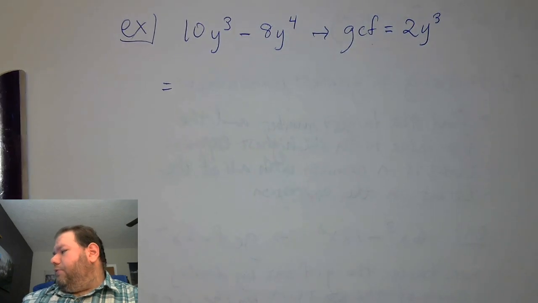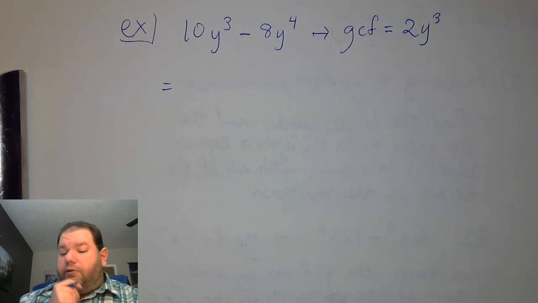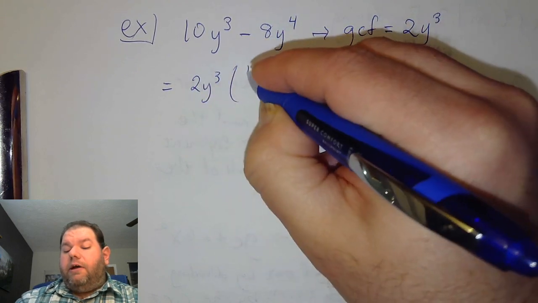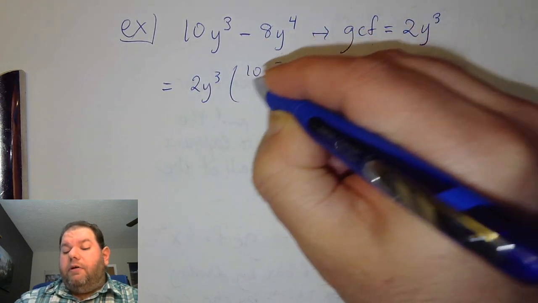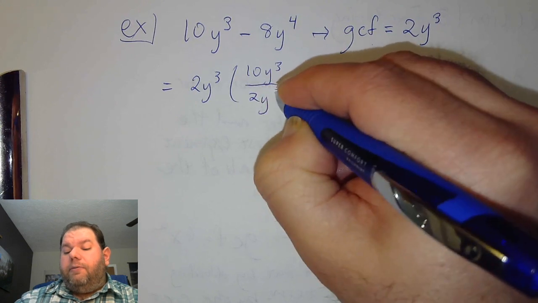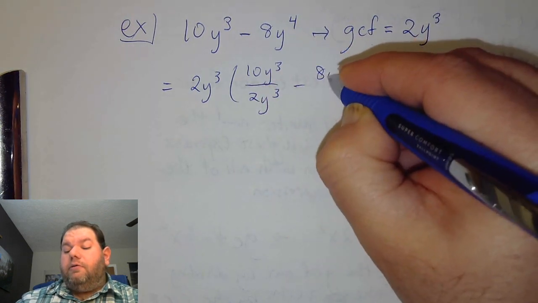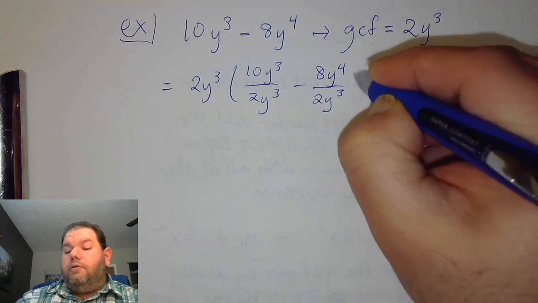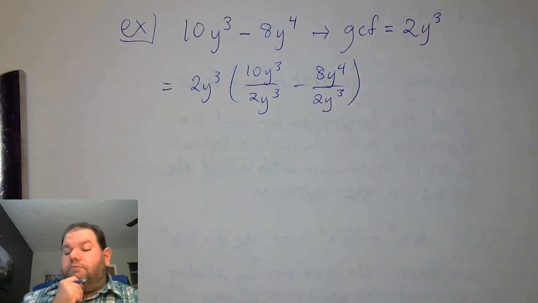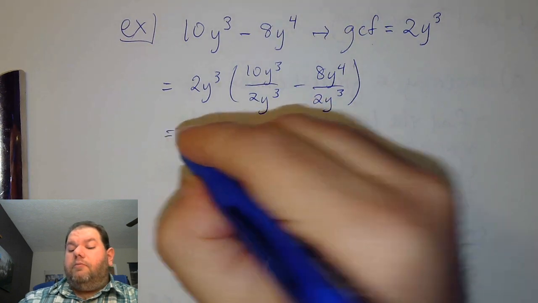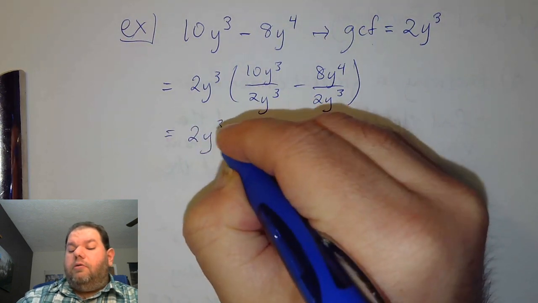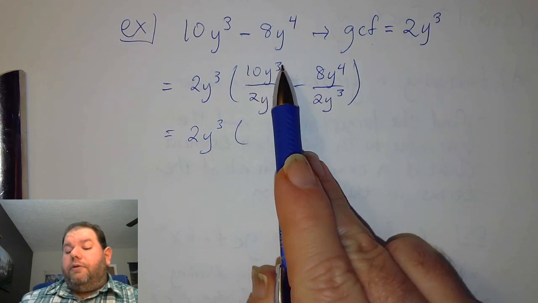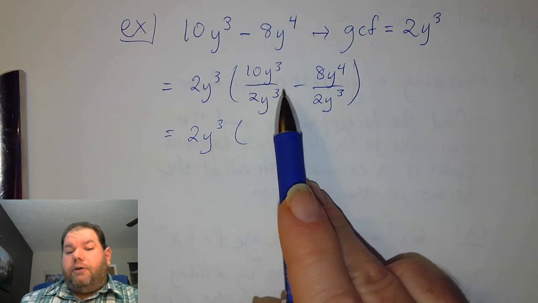Now again, we want to create our factorization, so we're going to take our 2y cubed and divide both of the terms by 2y cubed. So what would you say 10y to the third divided by 2y to the third is?